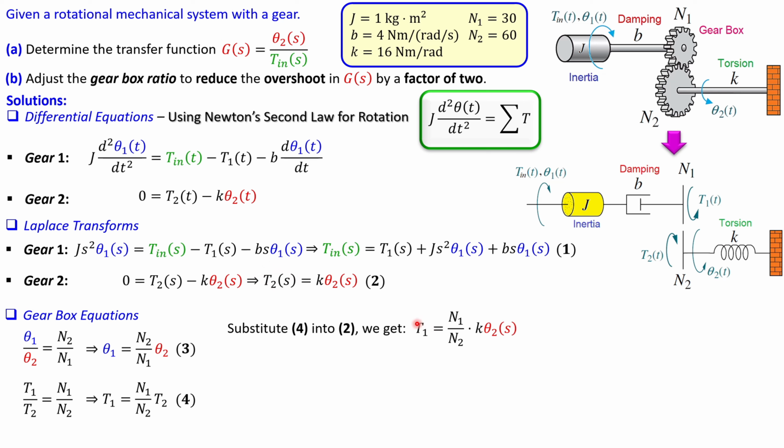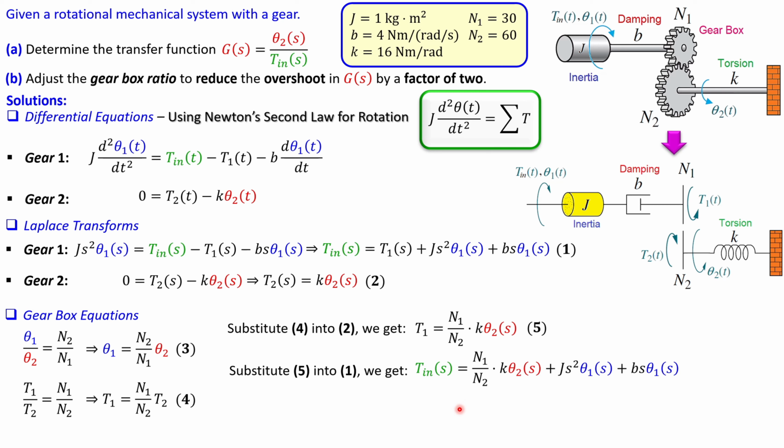You will get θ1 is equal to n1 over n2 times θ2. So now you can say this is equation number 5, and then let's substitute this equation number 5, the new one, in equation number 1, which is the big one. So the T1 goes in here. Now we get the following.